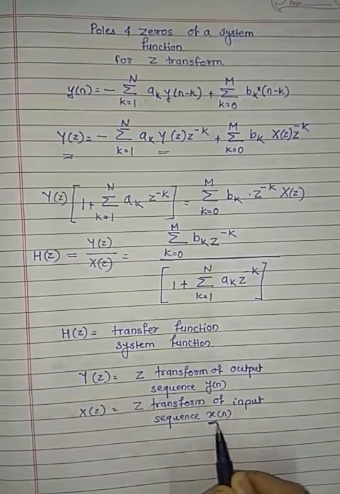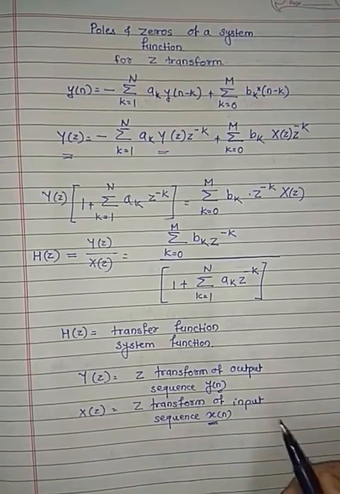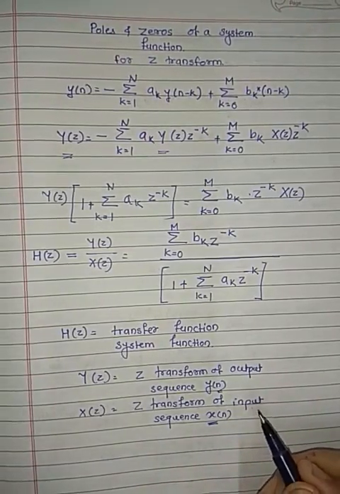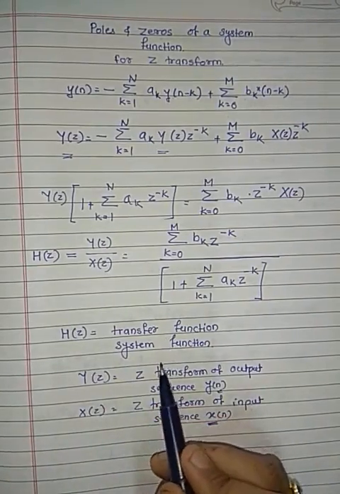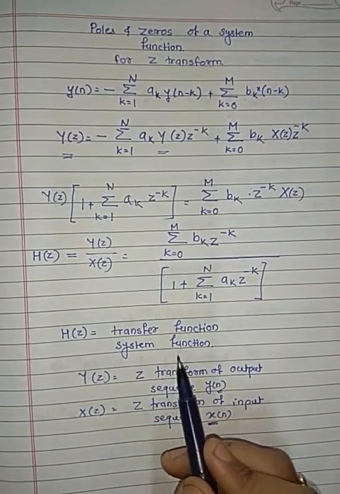So x of n is the input sequence to the system and y of n is the output sequence of the system, and H of z is nothing but the transfer function or system function of the provided system.